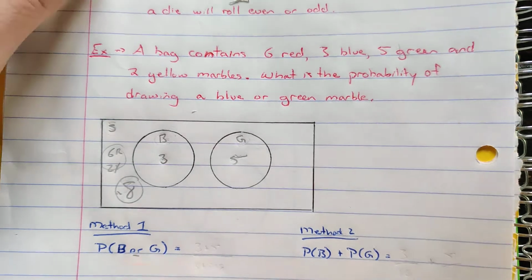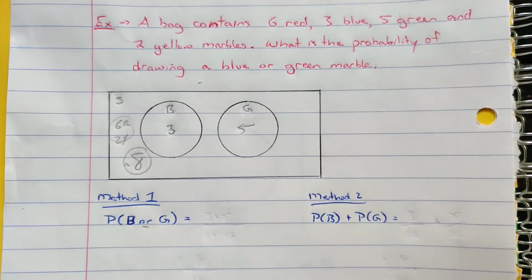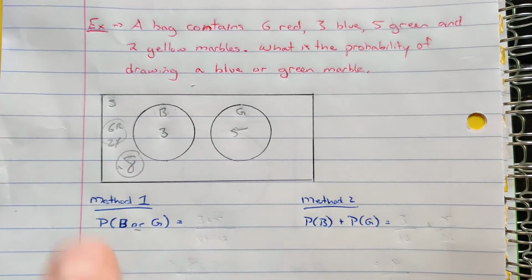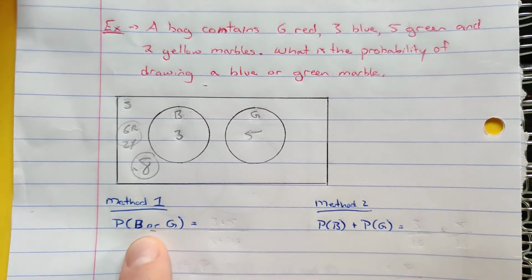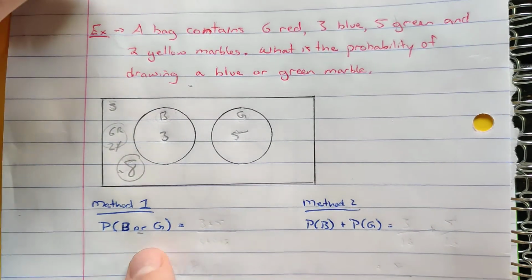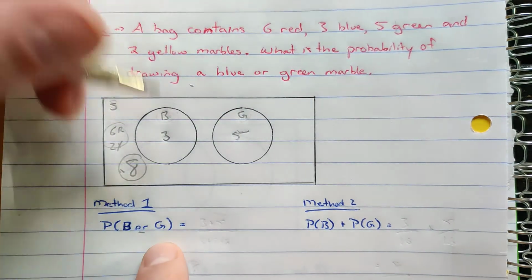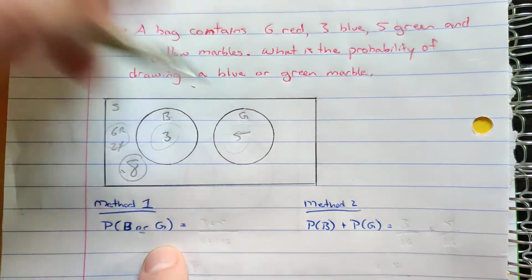I'm going to show you 2 methods here for finding the probability of pulling a blue or a green marble. The probability of blue or green could be written like this in the parentheses. Blue or green means we need to get these total probabilities.